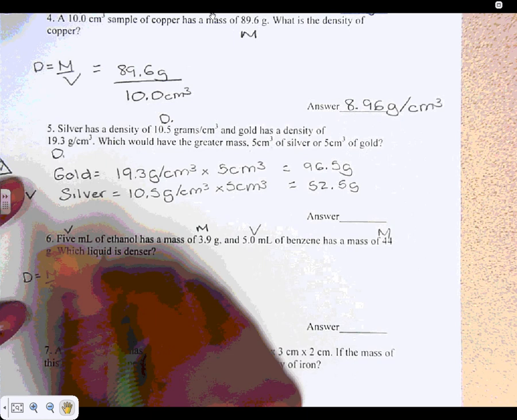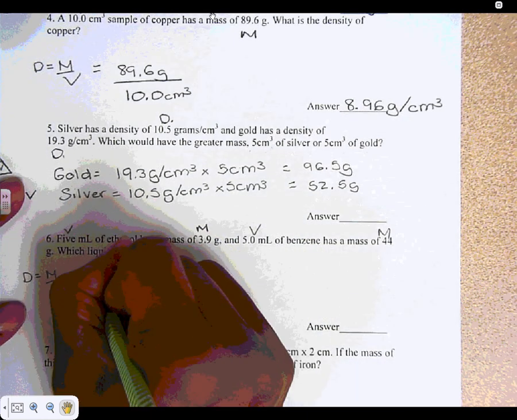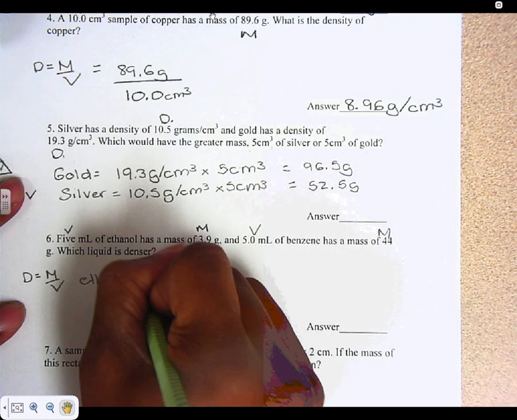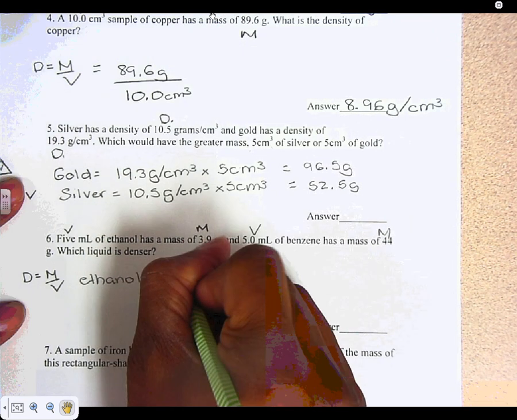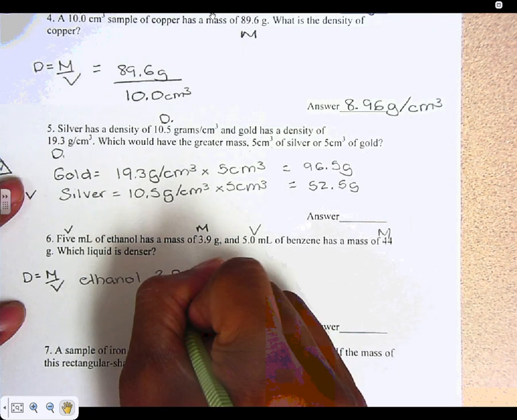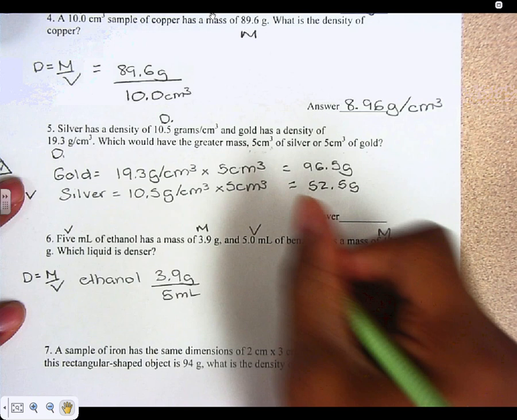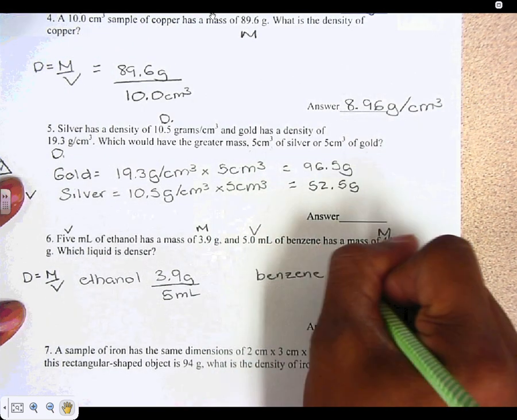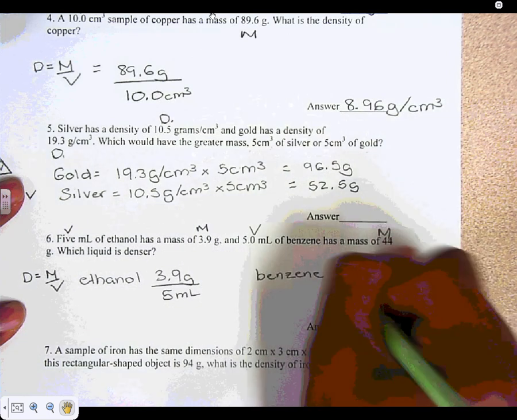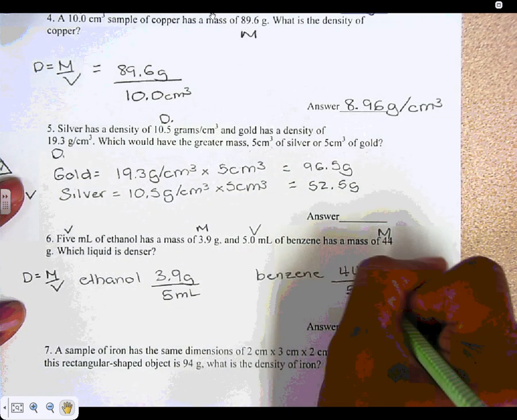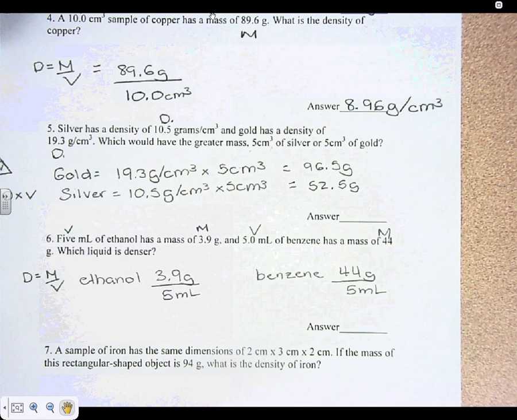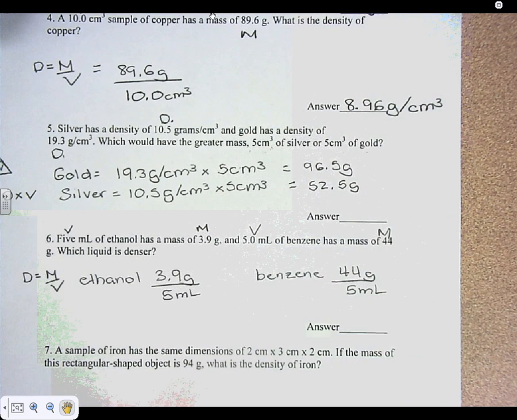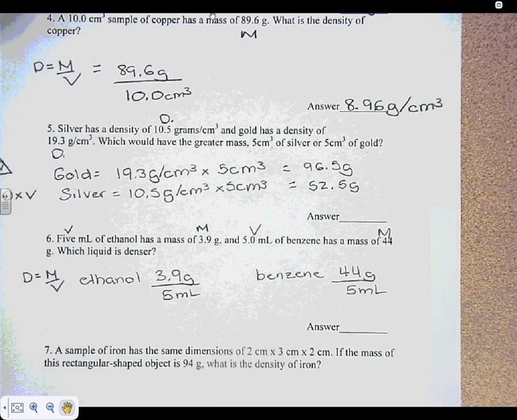We're going to compare ethanol by dividing 3.9 grams of that over 5 milliliters. We're going to compare benzene by comparing the 44 grams to 5 mils. Now, even without solving, I can see that the benzene is perhaps going to have a greater density. And so because its density is greater, it's probably going to be a little bit more dense.